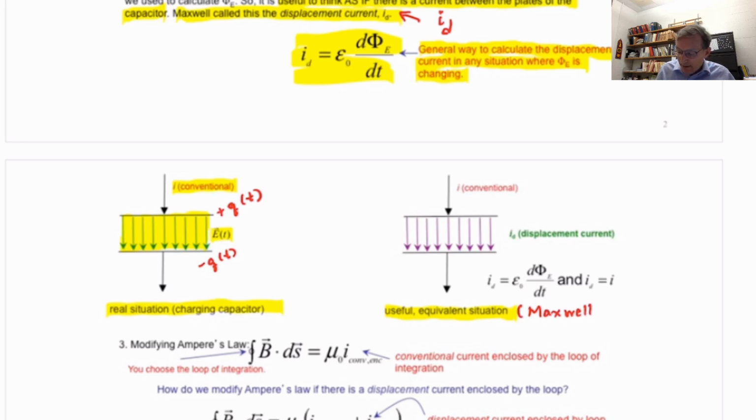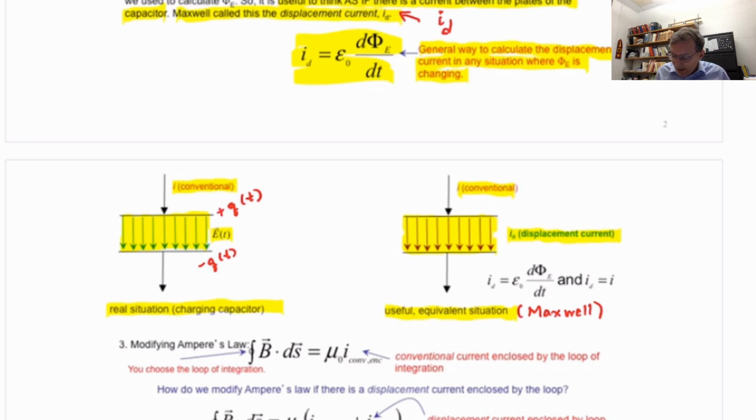He said, well, think about it as if you've got the two plates of the capacitor, with the conventional current coming down in the top wire and going away in the bottom wire. You've got the top plate and the bottom plate. But then what you've got in the region between the plates is a nice uniform distribution of displacement current, ID.